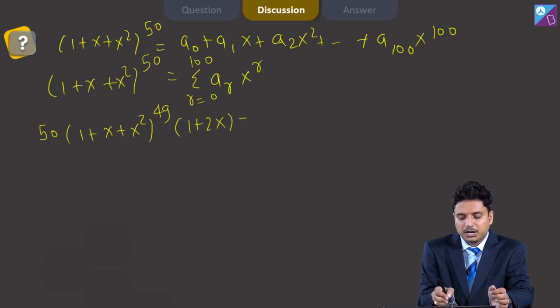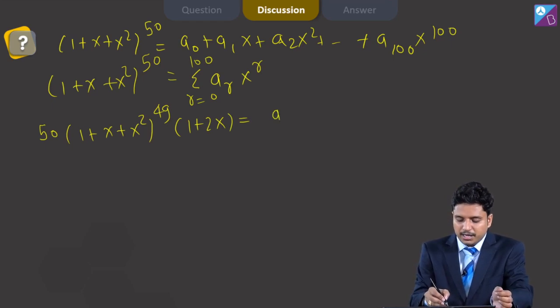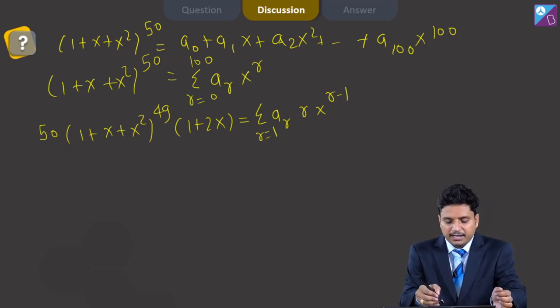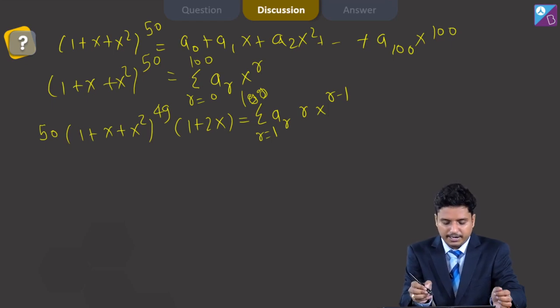This will be differentiation of left hand side, and for right hand side it will be equal to summation of ar r into x raised to power r minus 1, and now r will vary from 1 because a0 will be anyway differentiated and it will get to 0, and everything else it will start from a1. So r equal to 1 and last term will be r equal to 100, a100 will be there in last term, and here we will get 100 x raised to power 99 as its last term.